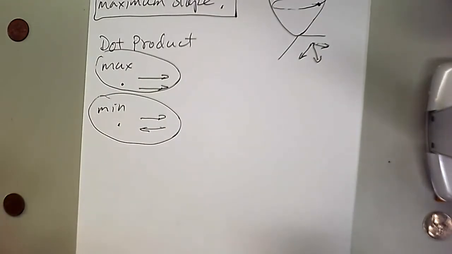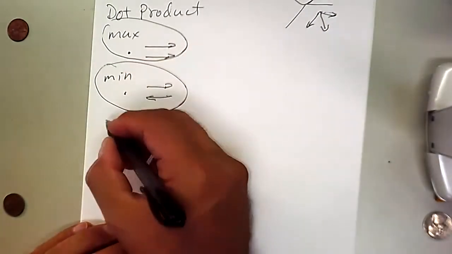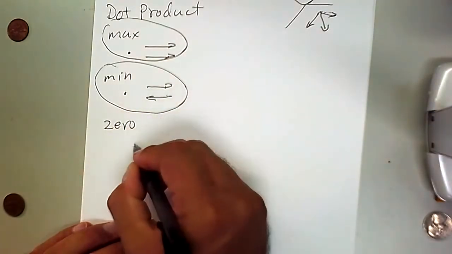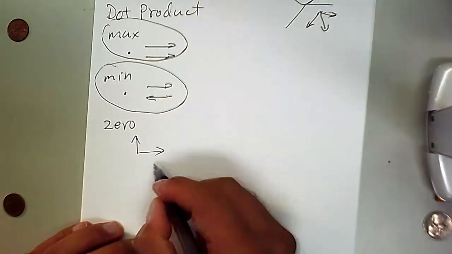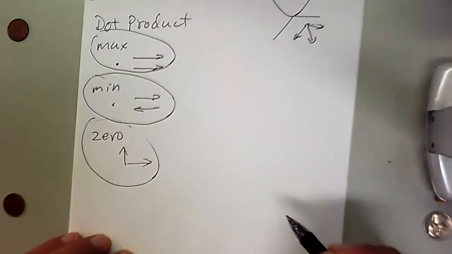Because in physics, it is very important to know when things are parallel or perpendicular. And dot product and cross product carry that kind of information, the perpendicularity and the parallelism of different vectors. In fact, the dot product gives us 0 if the two vectors are perpendicular to one another. Okay.